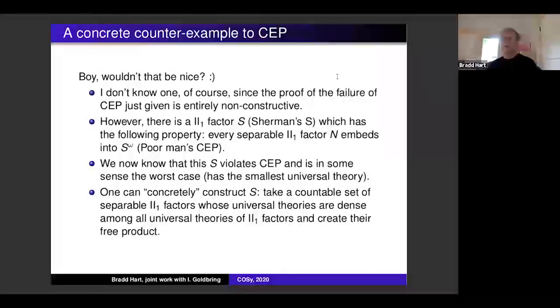But if they're all decidable, there can only be countably many, because you don't have that many algorithms. So if CEP fails, there should be lots of, at least tracial von Neumann algebras. Whether you can make them factors or not, I don't know.